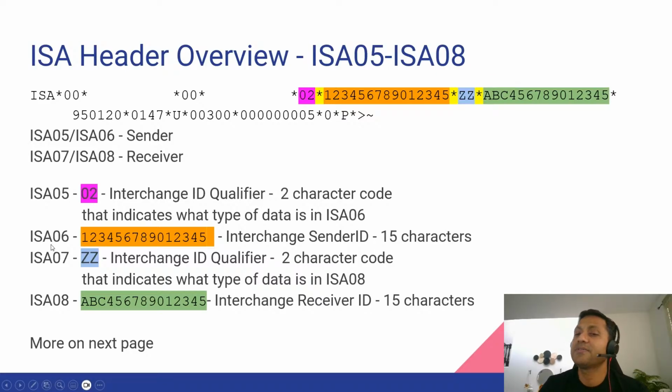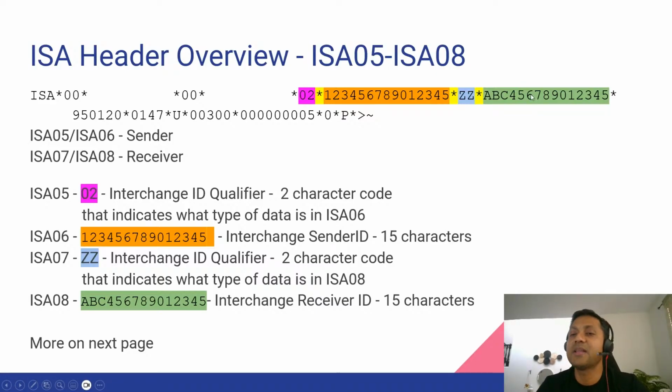So the first field in both of them is the qualifier. It is exactly 2 characters. Over here in the sender, the qualifier is 02. In the receiver, the qualifier is ZZ. Now this tells you the type of ID that follows. The second field in each pair is the sender ID and the receiver ID.